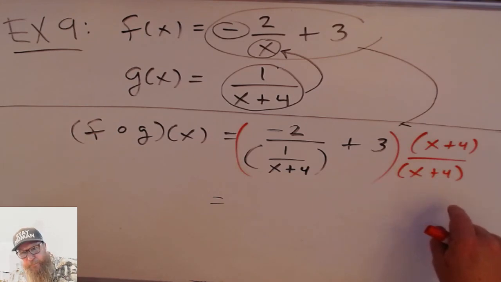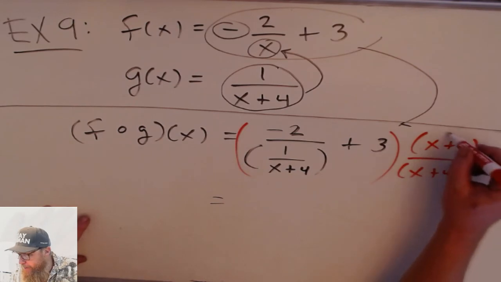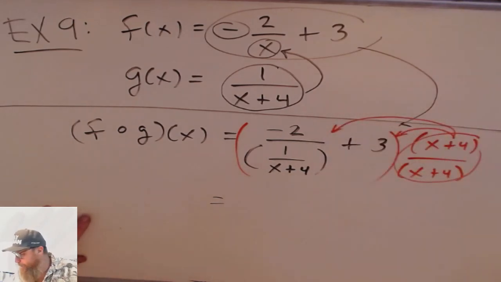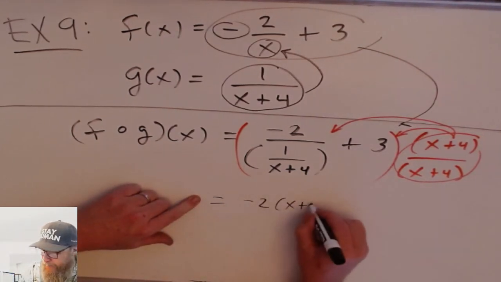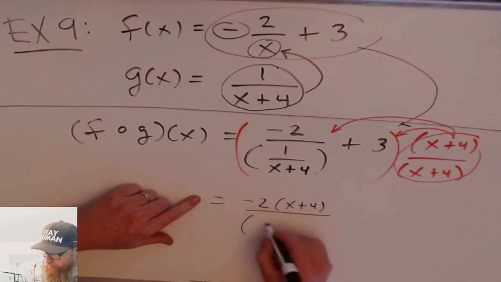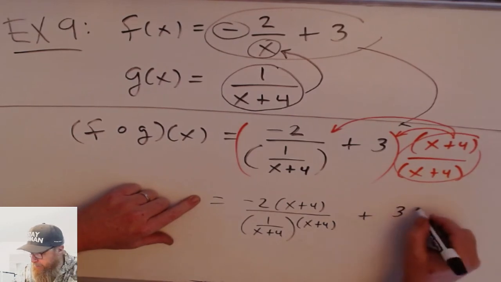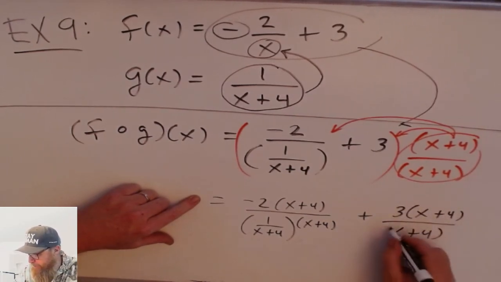Okay. So we're going to distribute this entire thing like this. So now you've got negative 2 times x plus 4 over 1, plus 3 times x plus 4 over x plus 4.